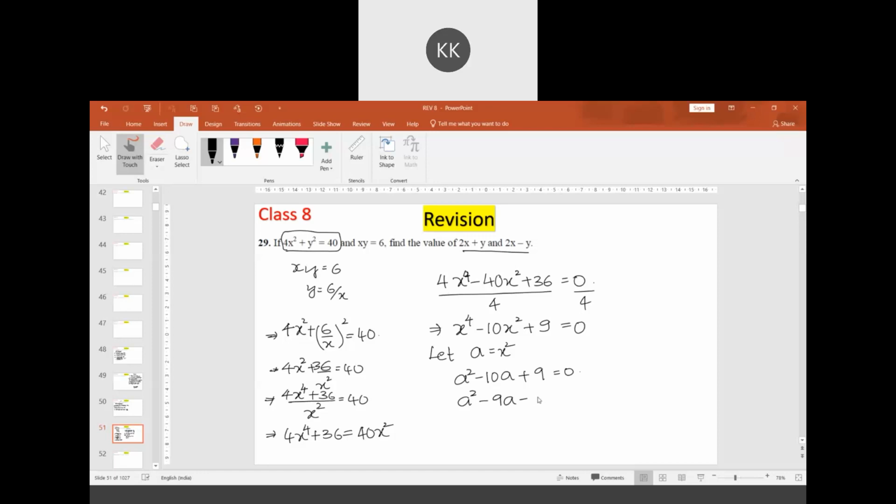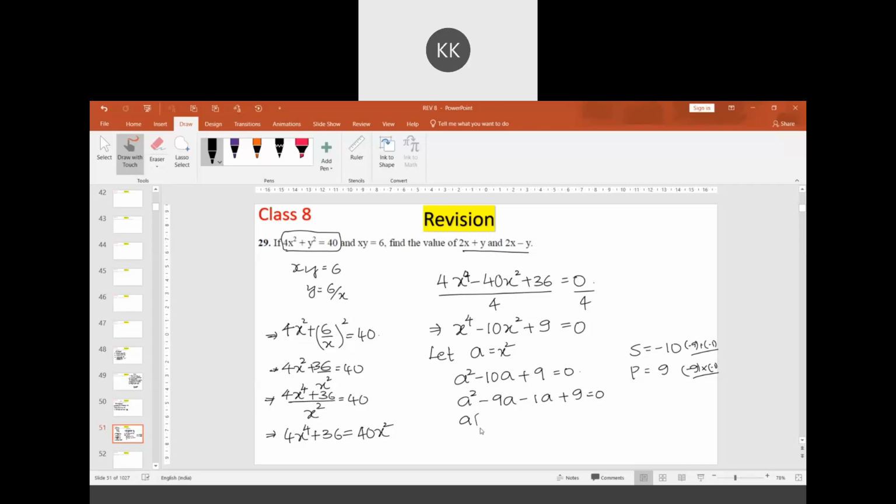Here the sum is negative 10, and the product is positive 9. So we can choose minus 9 and minus 1. The product becomes positive 9, and minus 9 added to minus 1 becomes minus 10. So this is the splitting the middle term method.